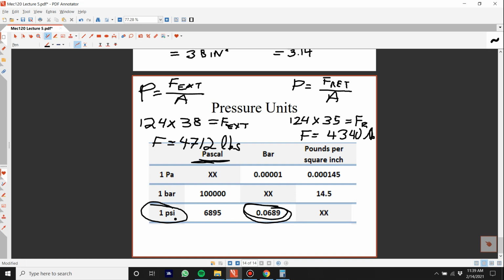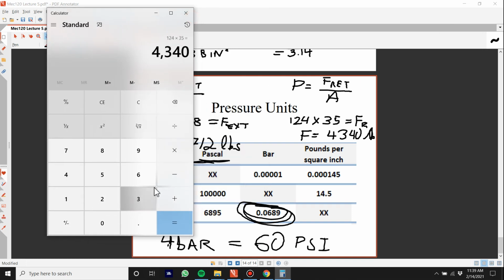If 1 psi is equal to 0.0689 bar, I know that 4 bar is enough. Anything over 4 bar is a little bit dangerous in the lab, and I know that's pretty close to around 60 psi. So let's see what 60 multiplied by 0.0689 is, 4 bar. Okay.